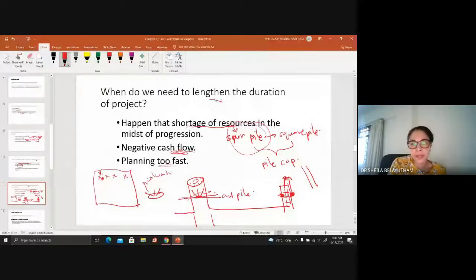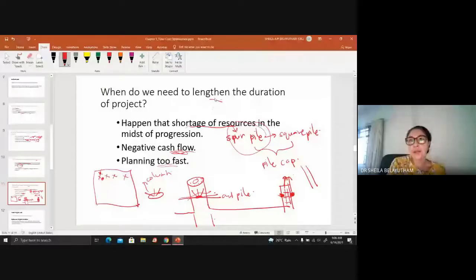And sometimes planning too fast. This goes back to the project planner, especially when you come up with the network diagram, the duration and the estimation, but your estimation of the duration is not properly reflected by the resources you have in hand.